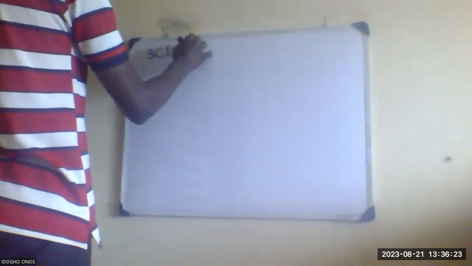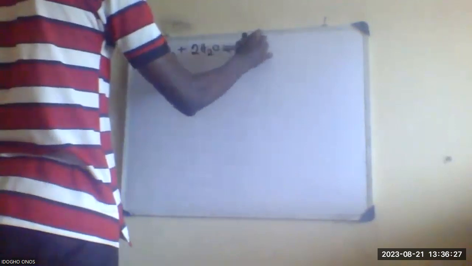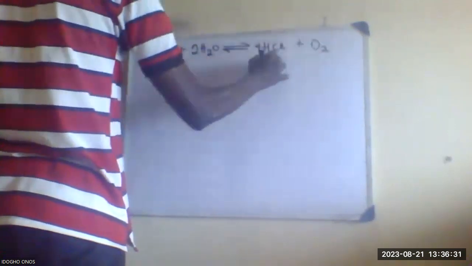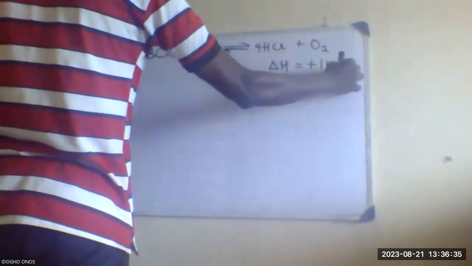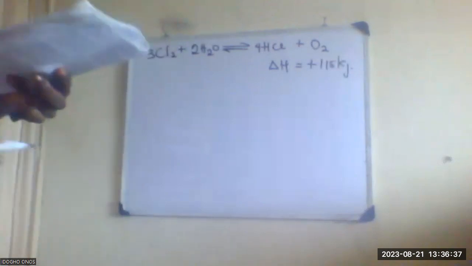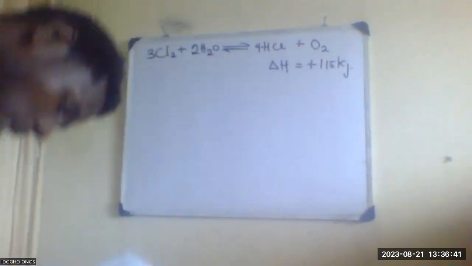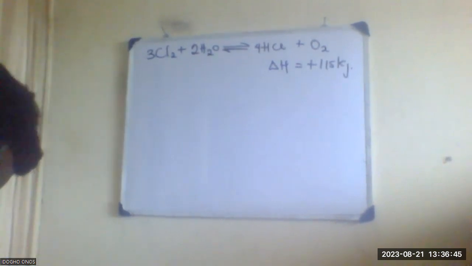Your equation, which is reversible, 3Cl2 plus 2H2O gives 4HCl plus O2. Enthalpy change is plus 115 kilojoules. Is that taken? Yes.